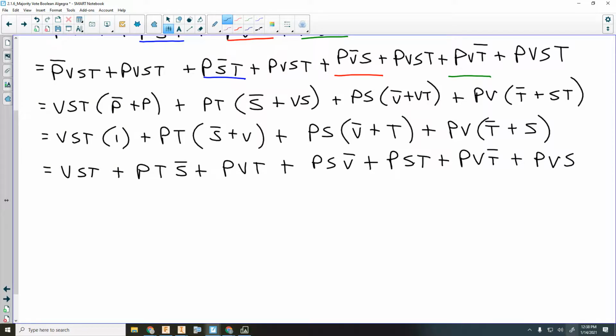So now you just have to figure out, the terms aren't next to each other anymore. So VST, that one's fully simplified. PTS, where will that simplify?